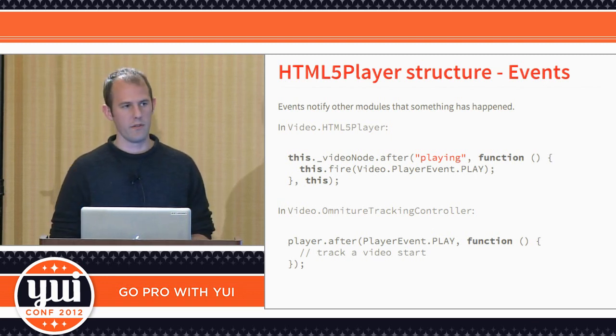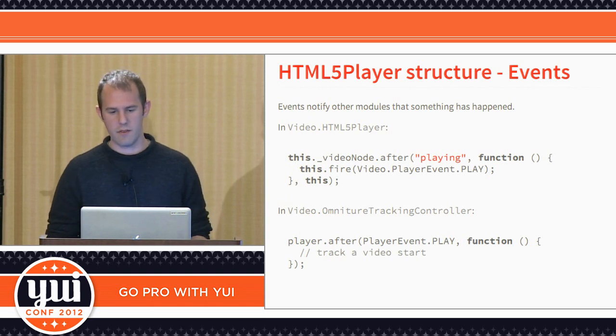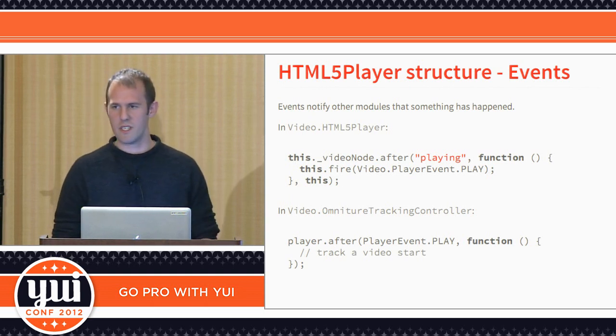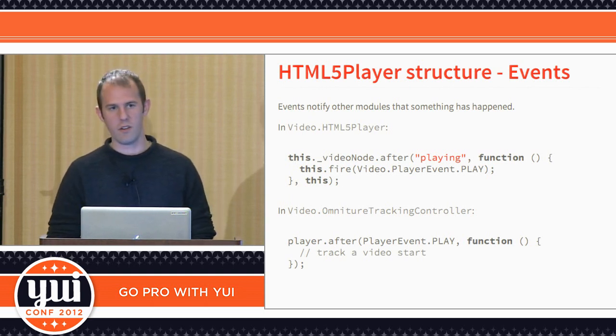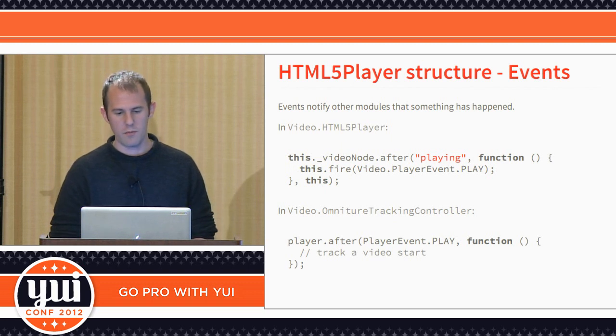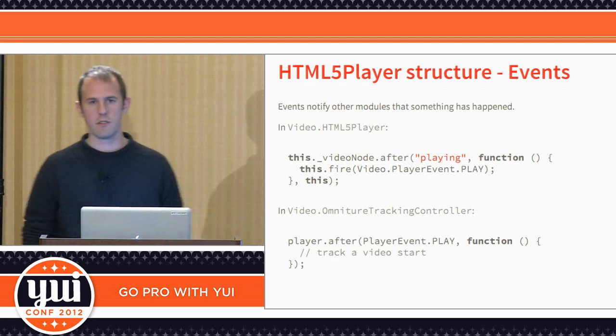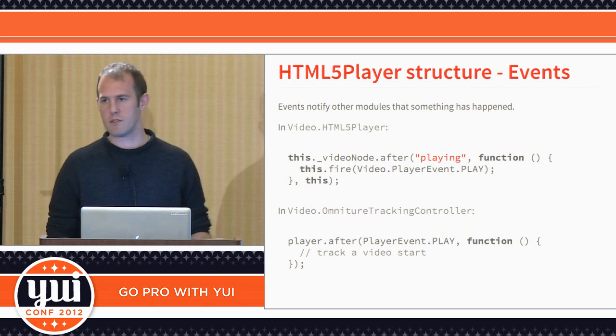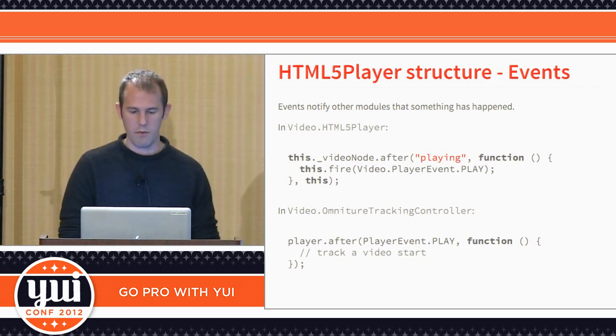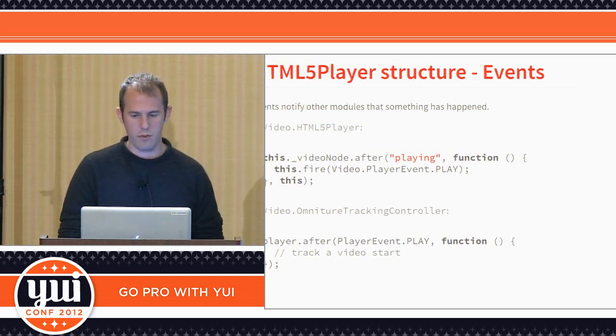Interacting with the legacy Flash event names made it easier to read and see rather than putting all these strings in our code. But that event is then listened to by our Omniture tracking controller to send a tracking event to our analytics suite. And we use this throughout the player as well.